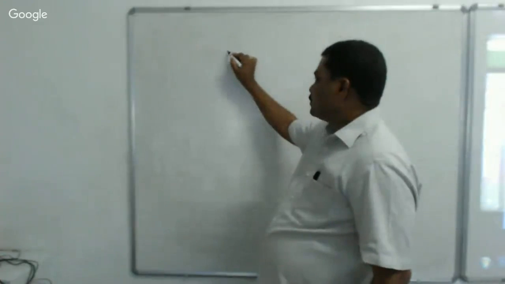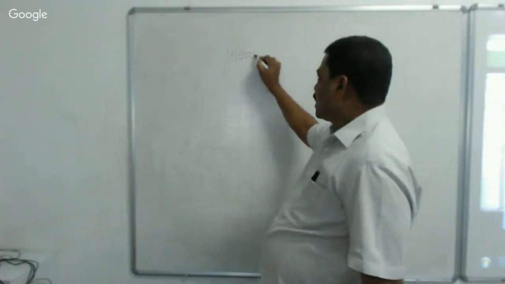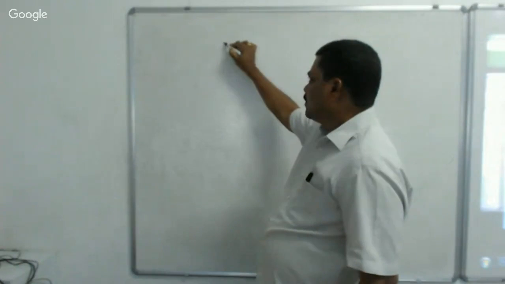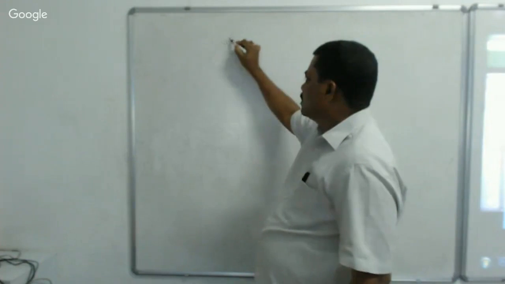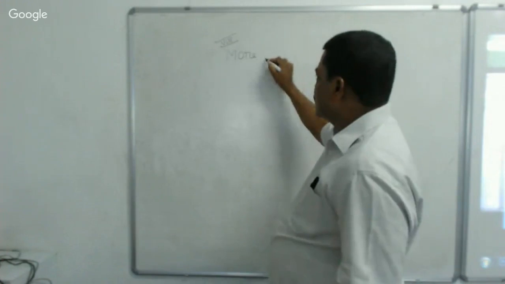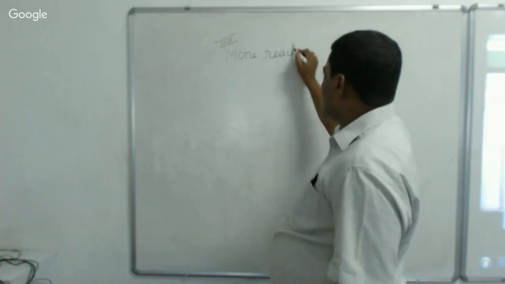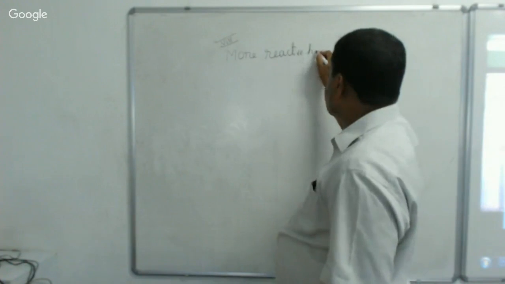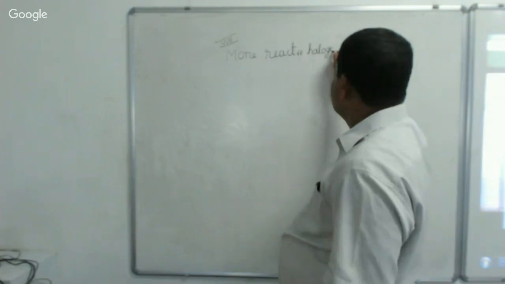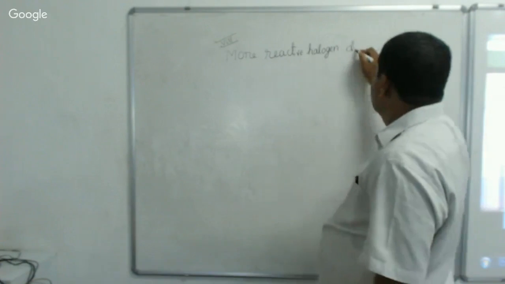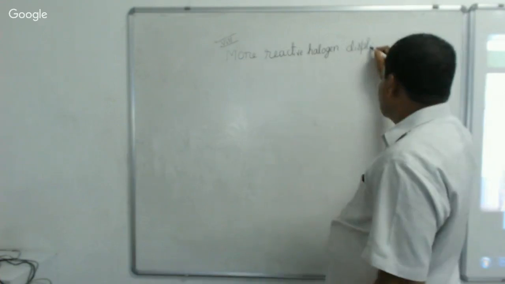Now, these are next, the 7th or 8th property of halogens. A more reactive halogen displaces a less reactive one.